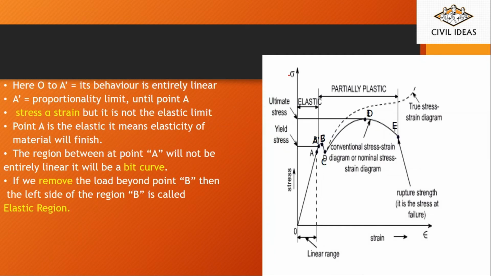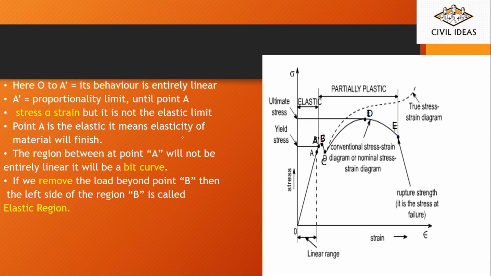Now, look into this stress strain diagram. Here, from O to A is entirely linear. I mean to say, when the load is applied, the stress is directly proportional to strain. Here, point A is called the proportionality limit.